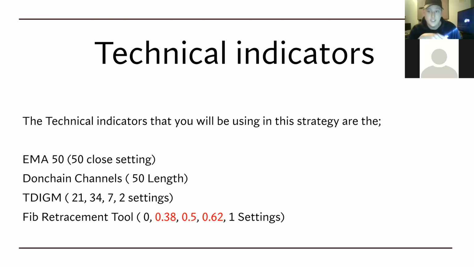So the reason I have these settings is because if you draw it from top to bottom and then draw it from bottom to top, then 0.38, 0.5, and 0.62 are the same. So no matter which way you draw it around, you always get the same result. So that's why I use them settings, because sometimes the market can move quite fast when it's breaking out and retesting.